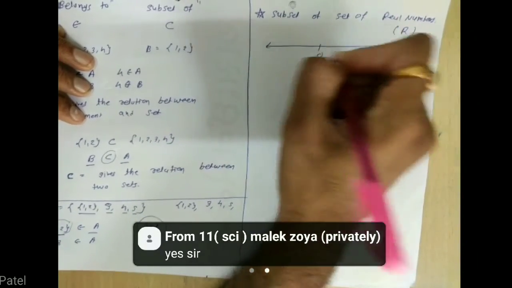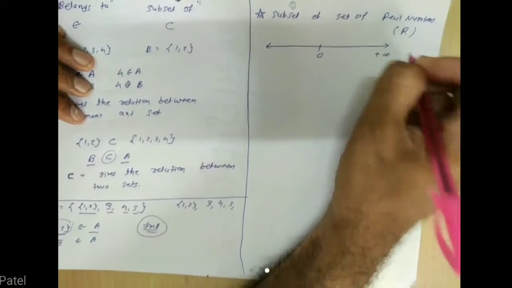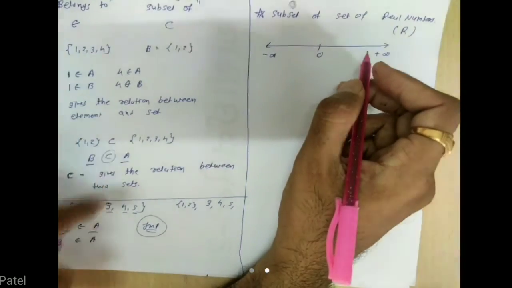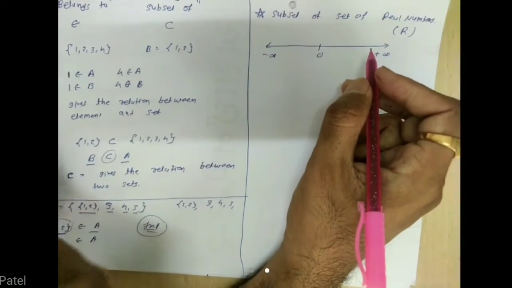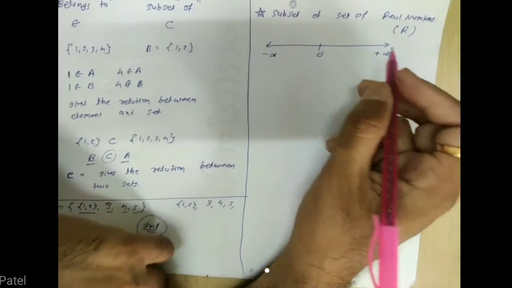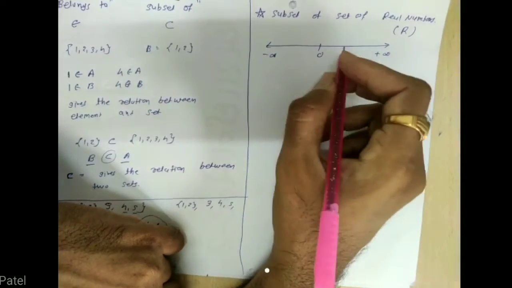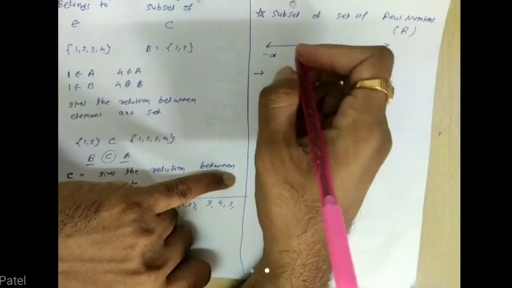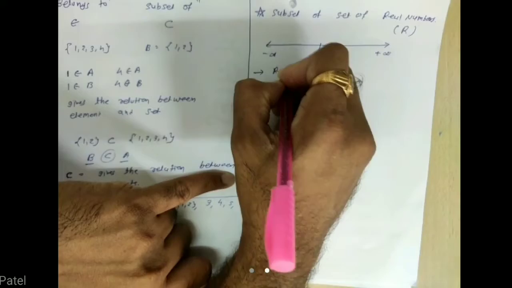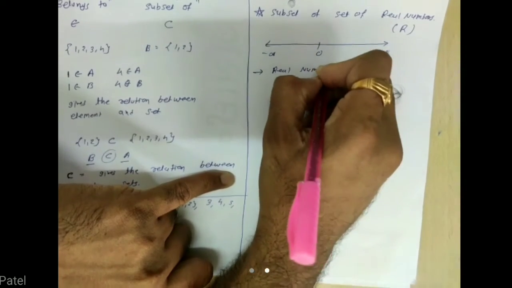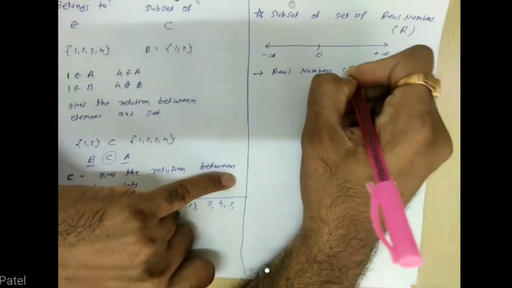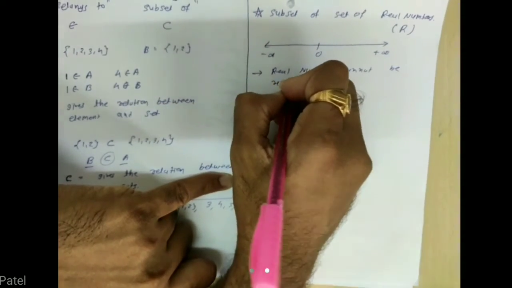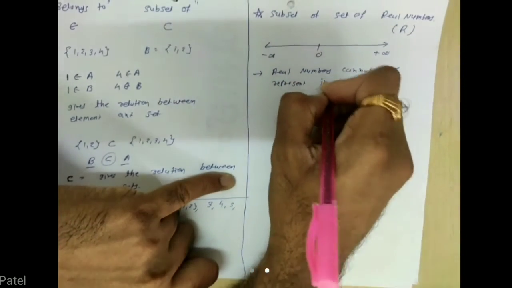This is 0 and it goes to infinity on both sides. So every point on a number line will give a real number. So real numbers are infinite in number. So we can't represent real numbers in roster form or tabular form. Real numbers cannot be represented in roster form.